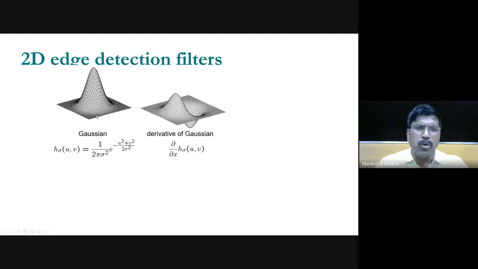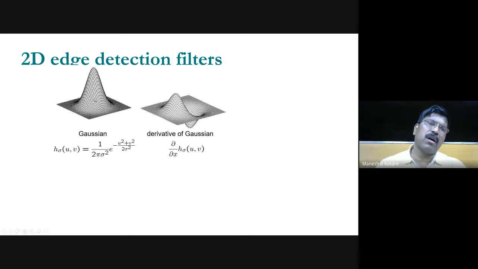If you consider a larger standard deviation, you will be considering a larger area or more neighboring pixels. If you consider a smaller value of sigma, it will have a low standard deviation, and it will consider a smaller area or fewer neighboring pixels.